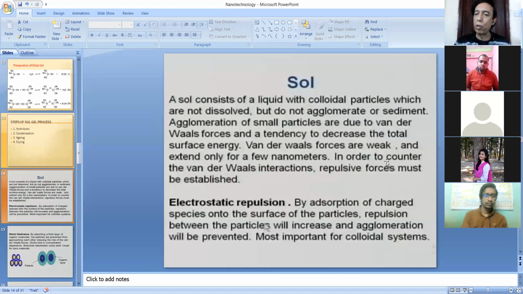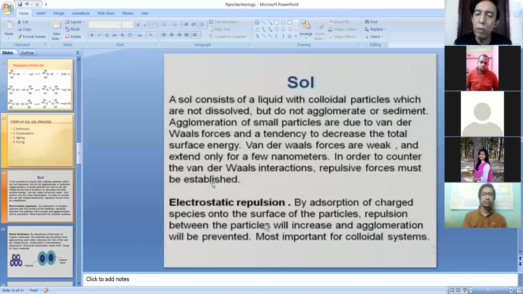Van der Waals forces are weak and extend only for a few nanometers. In order to counter this van der Waals attraction, some repulsive forces must be established.